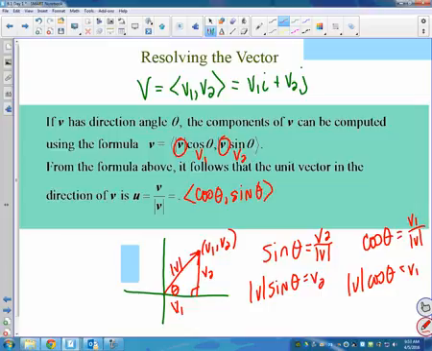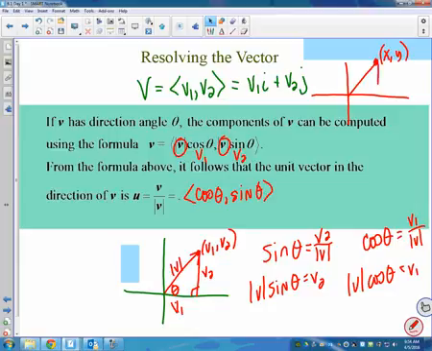What are you confused about? You're confused about where this comes from? I'm just labeling, instead of x and y. I can make the exact same picture the way that we've done, where this is x and this is y. This is our y, this is our x, this is our r. The only difference is instead of using x, y, and r, I'm using the ordered pair v1, v2 and the magnitude.